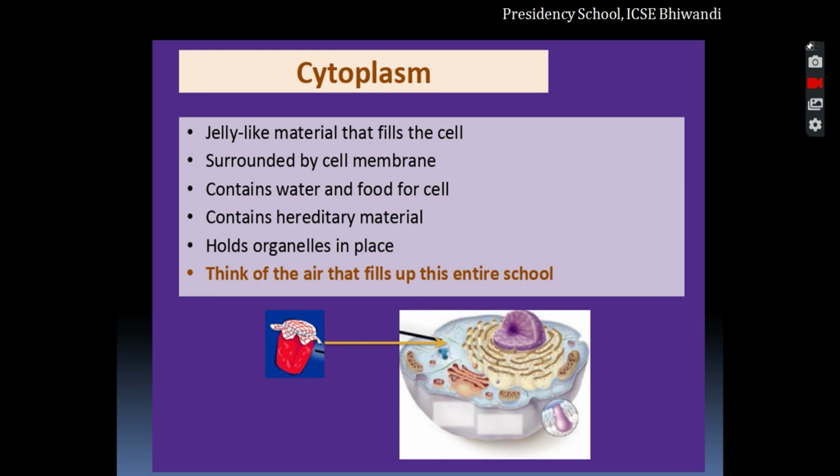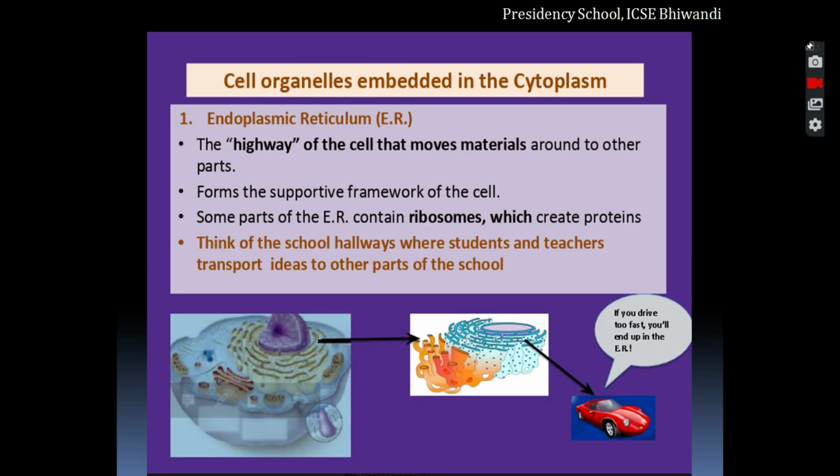The next cell organelle is the cytoplasm. It is a jelly-like material that fills the cell, surrounded by the cell membrane, and contains water and food for the cell. It also contains the most important part, the hereditary material. Among the cell organelles embedded inside the cytoplasm, the first one is the ER, that is, the endoplasmic reticulum.